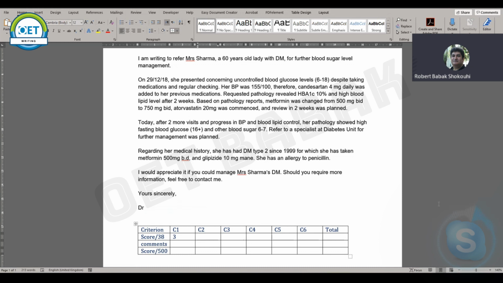but you haven't mentioned the level of cholesterol. And then based on that, she was started on atorvastatin based on the cholesterol. The other thing is, after that, she had an initial improvement in blood pressure and blood sugar and cholesterol, and then she has come back with the same problem, which is high fasting glucose.